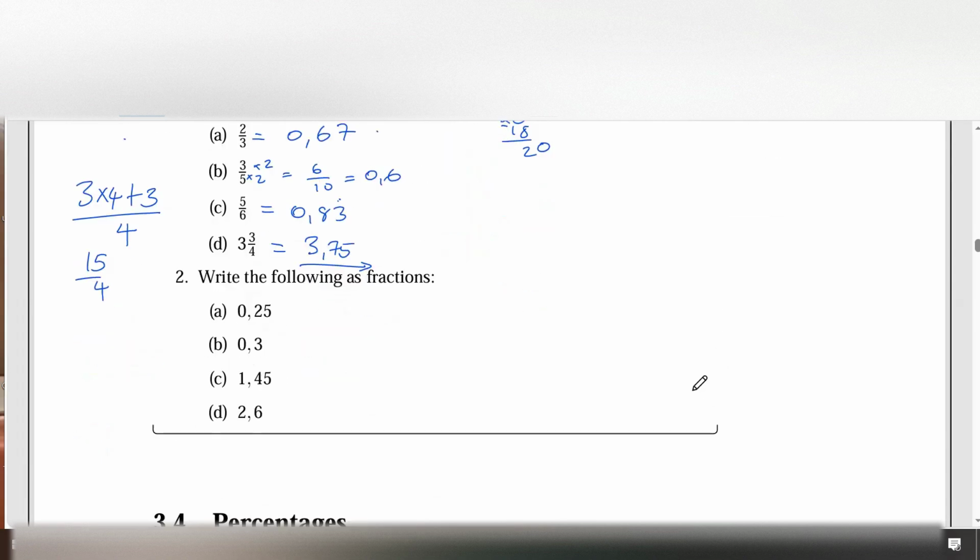Okay, and then question to write the following as fractions. So whenever we're writing as fractions, we look at the decimal place or the place value. So if I have 321,456, we say that 3 is represented by the units, 2 is the tens, 1 is hundreds under the place value rules.